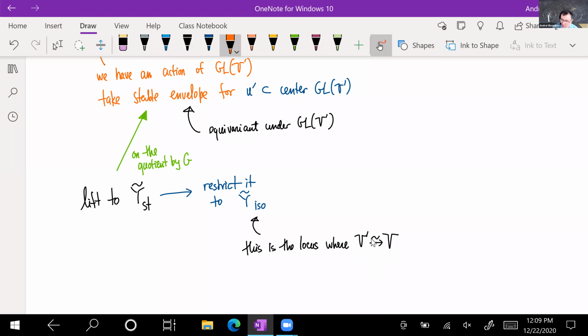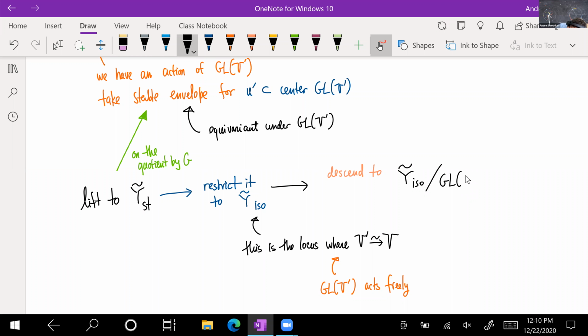Clearly, if this is an isomorphism and we precompose with GLV, then GLV prime acts freely, because it's an isomorphism. It's a free action, and so one can descend to the action on Y tilde iso, the quotient by GLV prime.